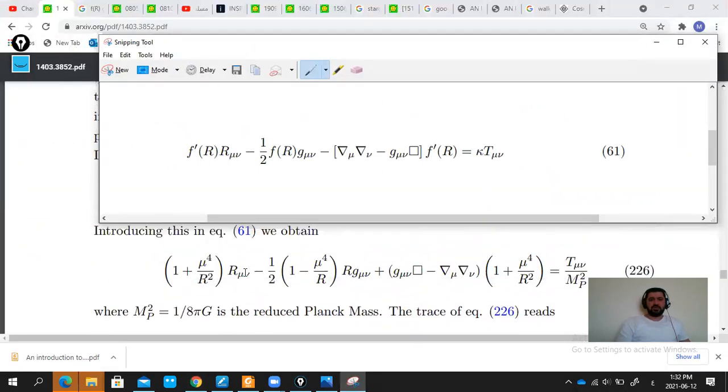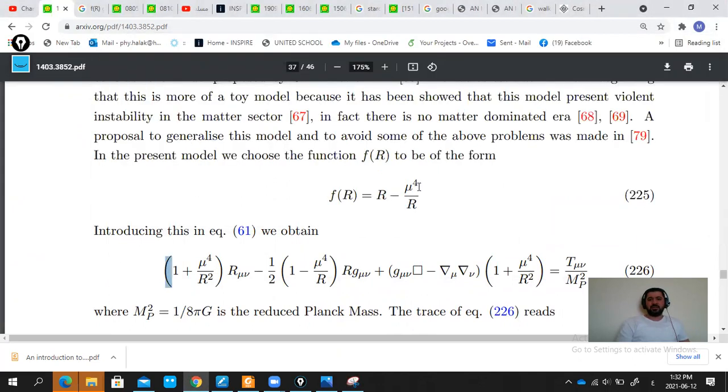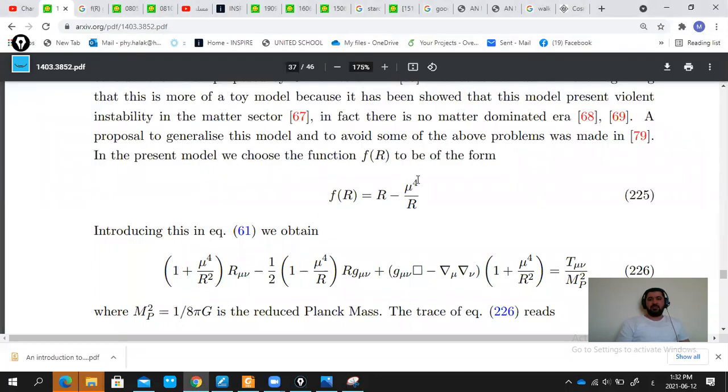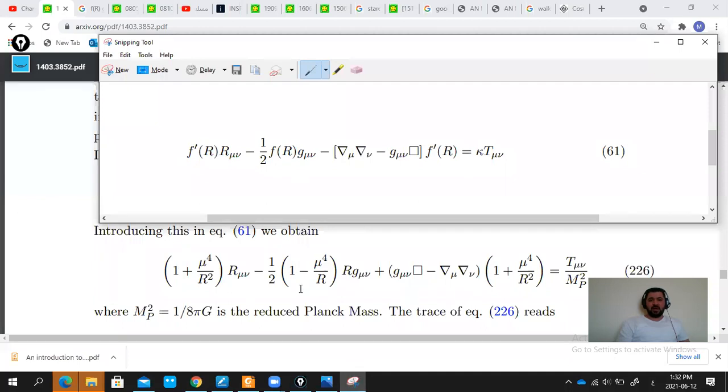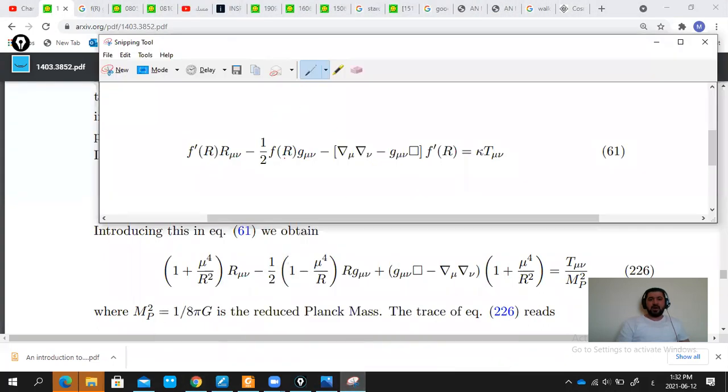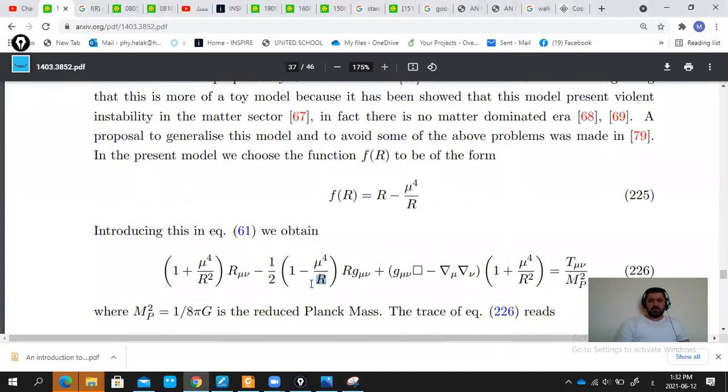So you see, all that's done here is just that instead of F prime R, now we have 1 minus mu to the power 4 over R squared, with dimensions suitable. So if we take the F prime R here, that will be 1. And here you have mu to the power 4 over R, so that will be positive mu to the power 4 over R squared, R mu nu. Then we have here FR G mu nu, let's see what's happening here.